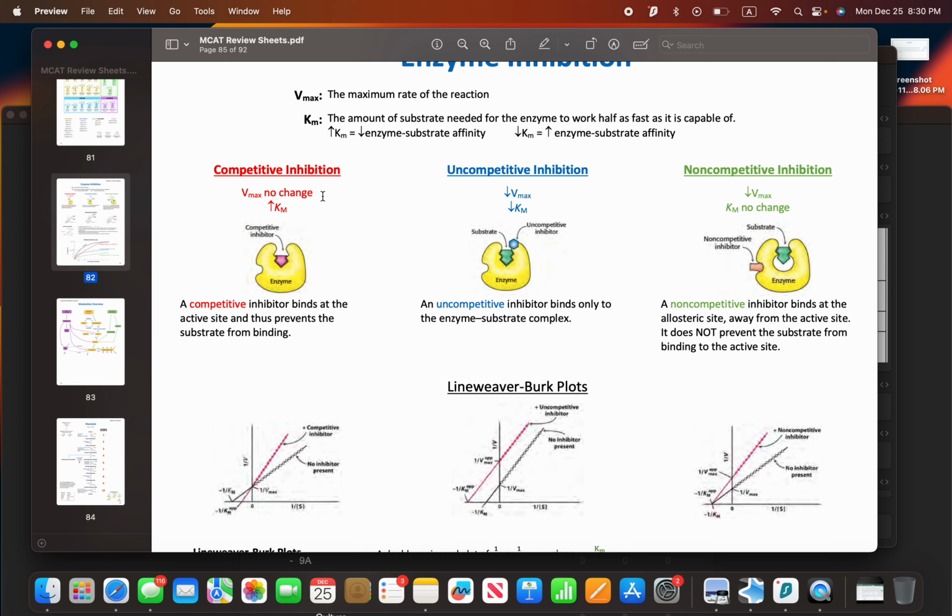So the speed of the reaction is not affected. However, the affinity is affected, and there's less affinity because fewer of the passengers are getting on the cars.